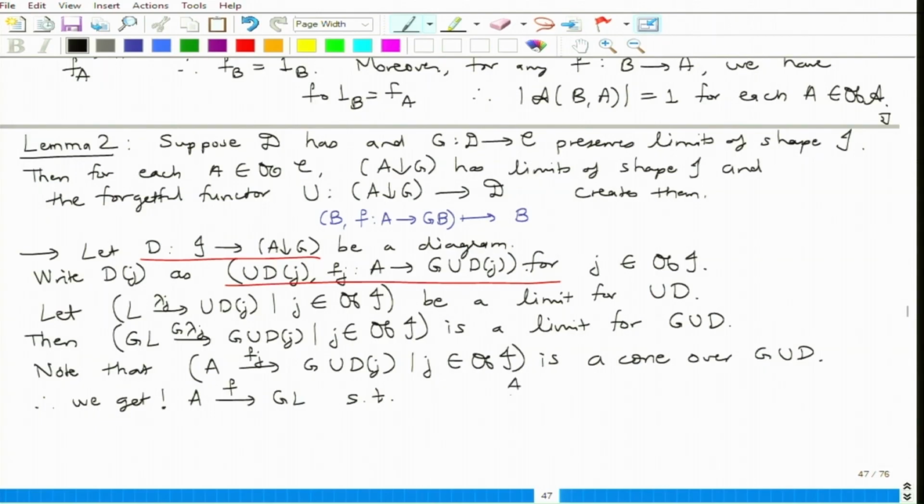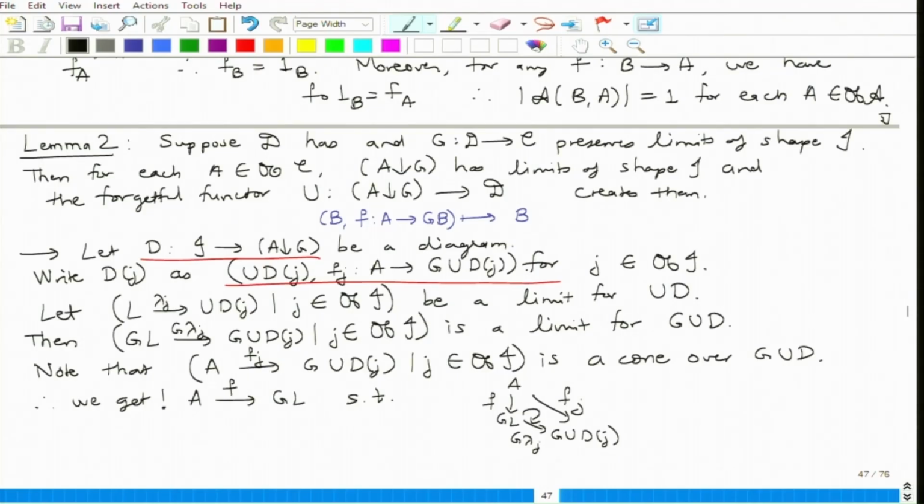A, then we have GL, and then you have GUDJ. This is any arbitrary cone, this is Fj, then this is G lambda J, and this is F, such that this triangle commutes. So that's the unique morphism which makes this diagram commute.